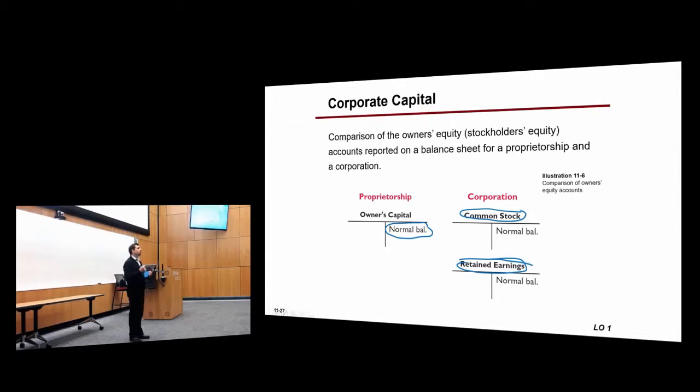There are legal requirements for the separation of the two. Dividends, for example, cannot be paid from paid-in capital. The company does not have the right to pay dividends from paid-in capital. They can only pay dividends from retained earnings, not from the capital. The capital is whatever investment was made. The company does not have the right to use that for dividends.